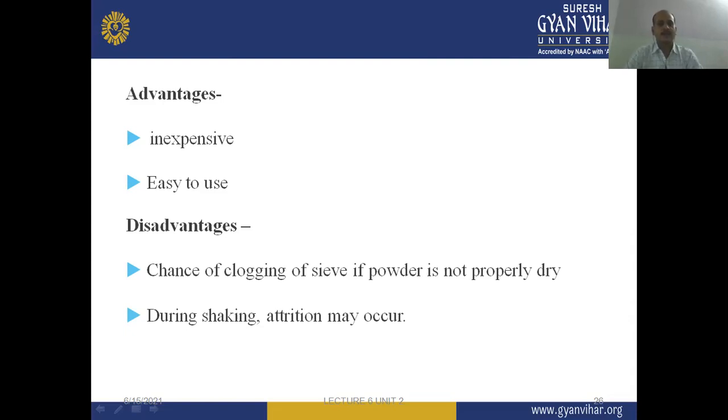We can use the mechanical sieve shaker, or we can manually shake the sieves. It provides the shaking of the different sieves and records the ultimate result. It is also easy to use. No sophisticated labor is required for handling the sieve shaker apparatus.